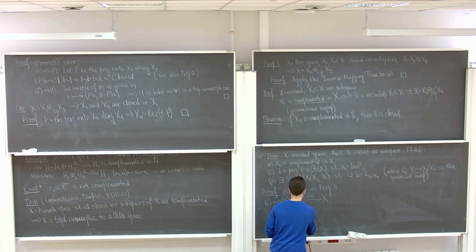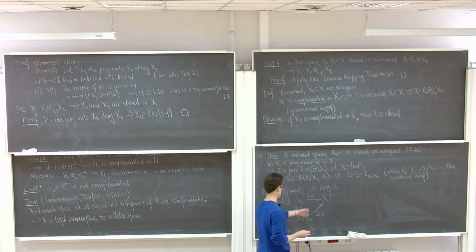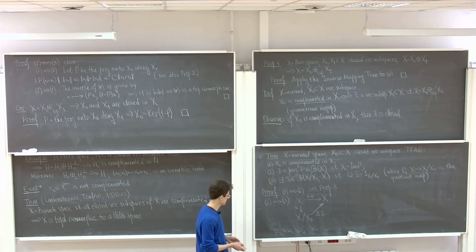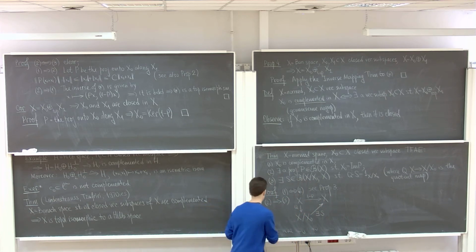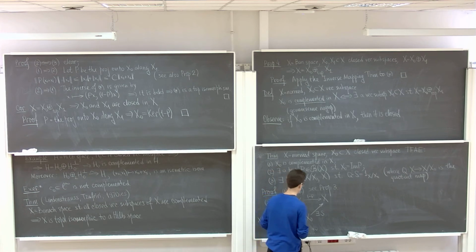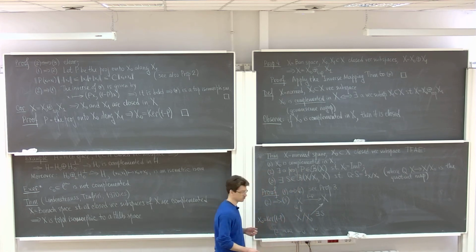So if we now quotient out the kernel, we have a well-defined bounded linear operator S, such that this diagram is commutative, because X0 is the kernel of 1 minus P. I claim that this is exactly the map we are looking for.